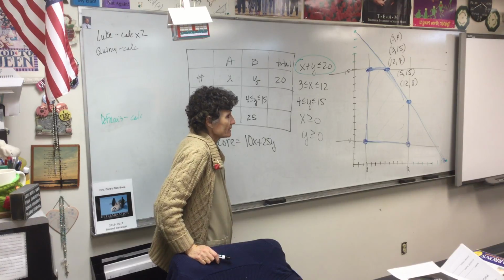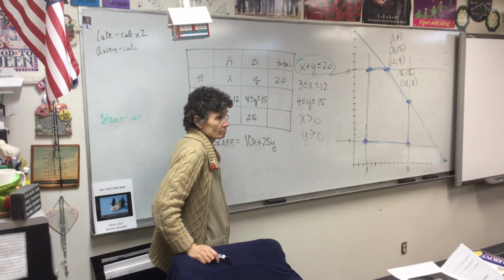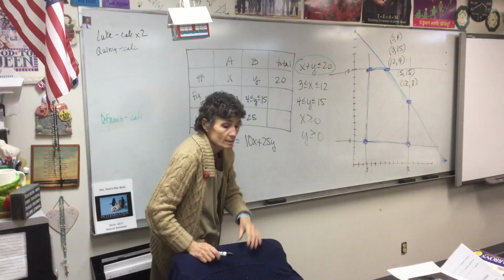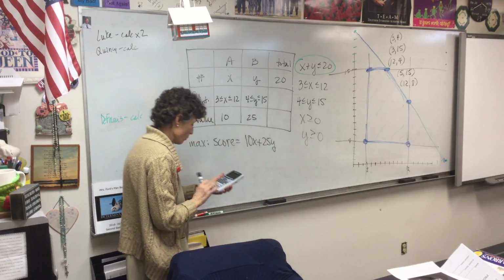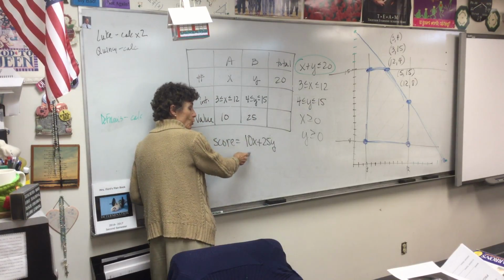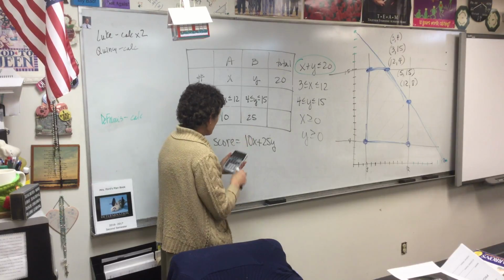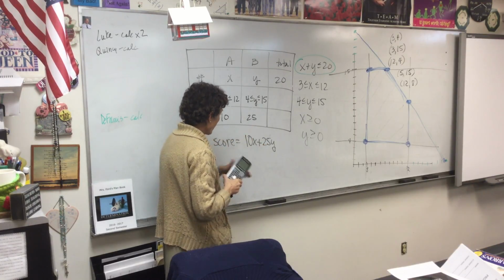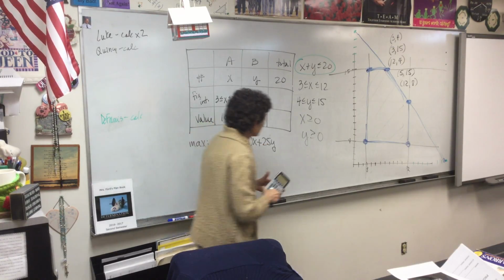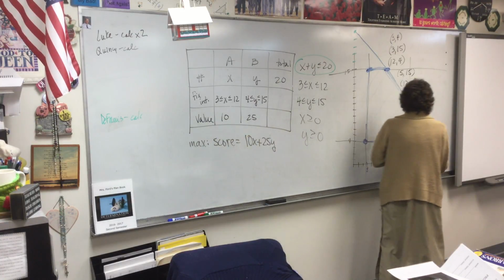Okay, now what? Take each of those points and see what your score will be. What if you do 3 x's and 4 y's? If you do 3 x's and 4 y's, you're going to get 130.